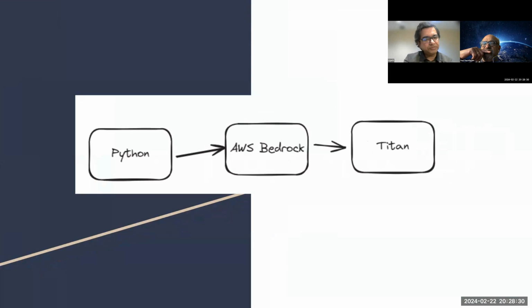And then I can write a bunch of Python code to access AWS Bedrock, which will make use of Titan to give me the solution that I'm looking for, right? In this case, it's very simple code, a few lines of Python. You say, hi, how are you? It will make a call to Bedrock. Bedrock will make a call to Titan. It will give you a response back saying, I'm great, how are you? Right? It just acts like ChatGPT.